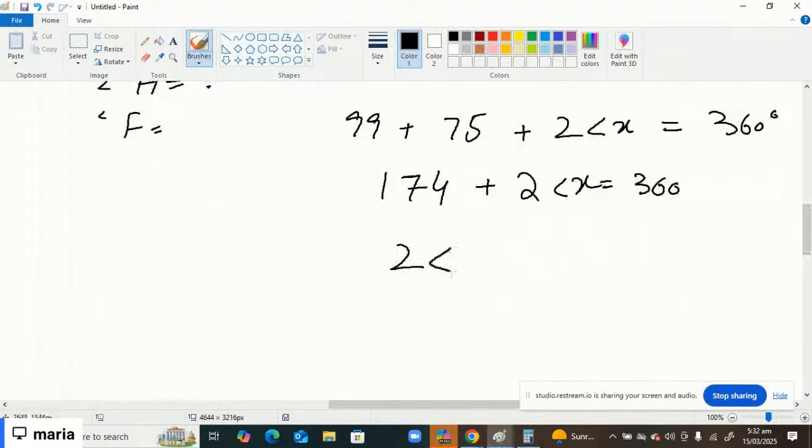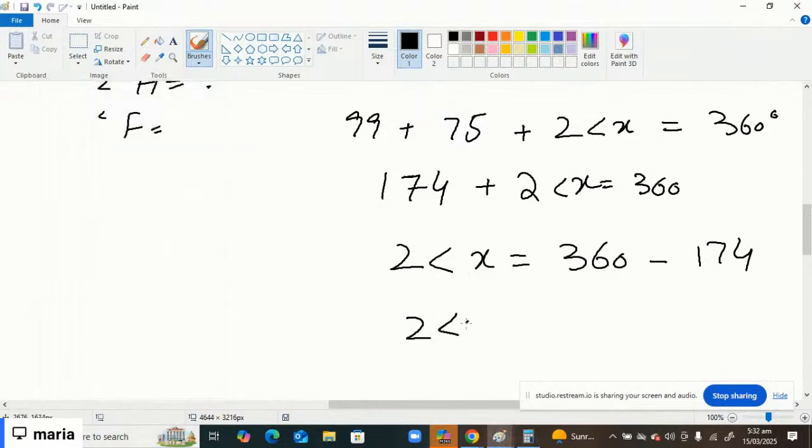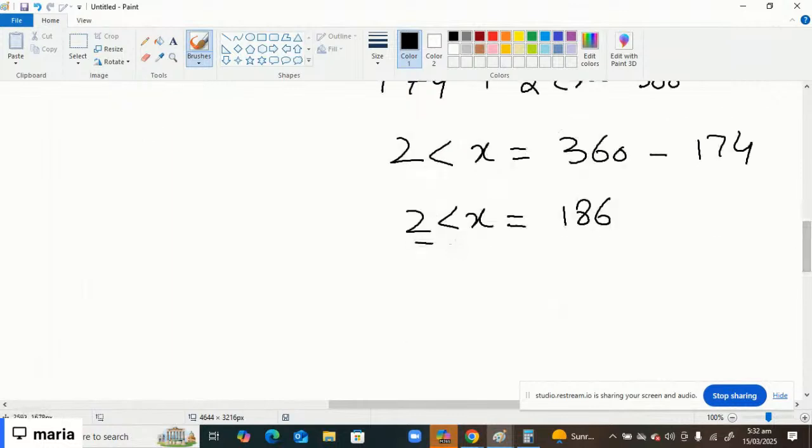Now just subtracting, okay? 360 minus 174. This is 186. Okay. Now dividing both sides by 2.